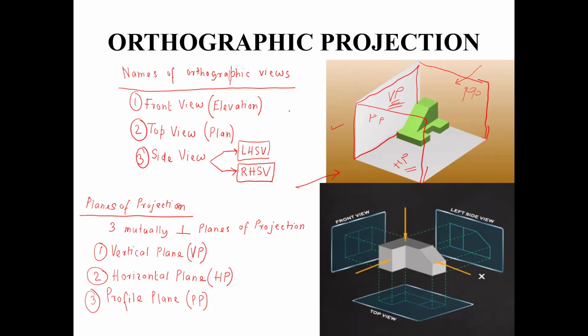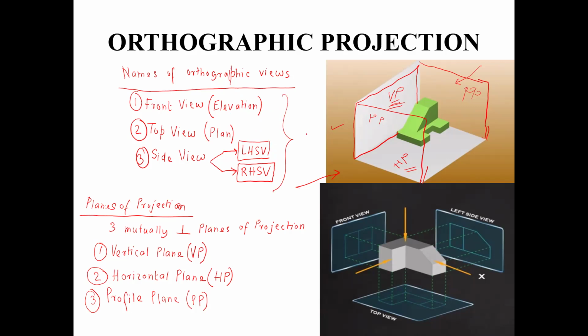So it is quite obvious that each one of these planes of projection will contain one orthographic view. So vertical plane will contain one of these views. Horizontal plane will contain another view out of these 4. And the 2 profile planes that I have drawn will contain the 2 remaining views, one each.